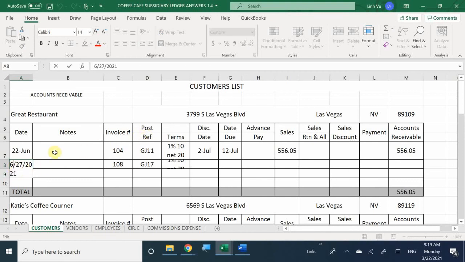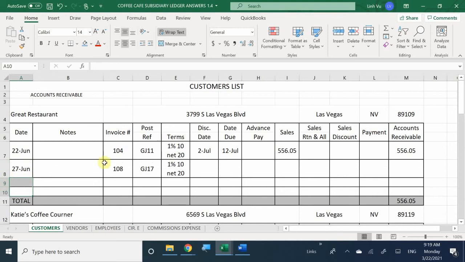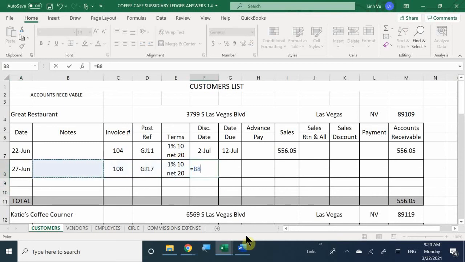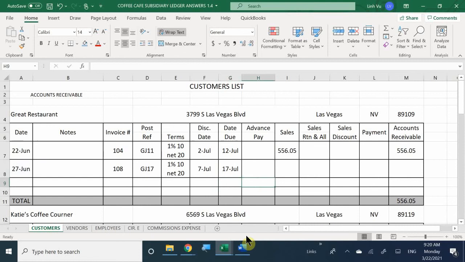So what is the discount due date? July 7th. And then what is the actual bill due date? The 17th.